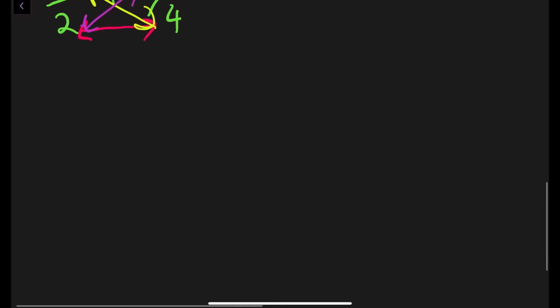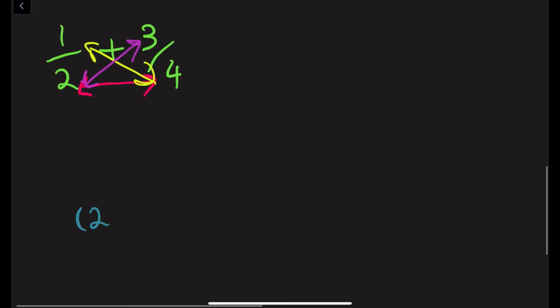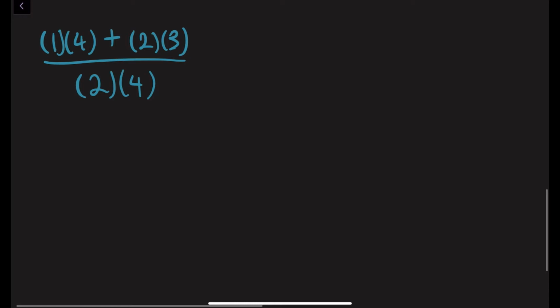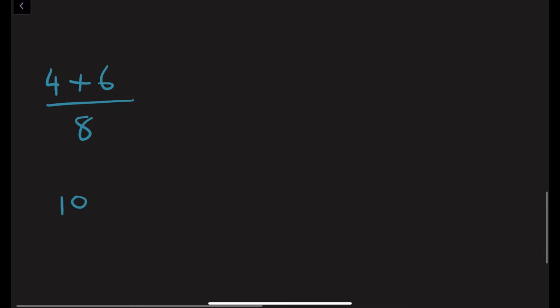So we'll have 2 times 4 in the denominator, and in the numerator we'll have 1 times 4 added to 2 times 3. Then if we simplify, we'll have 4 plus 6 all over 8, so that'll simplify to 10 over 8.